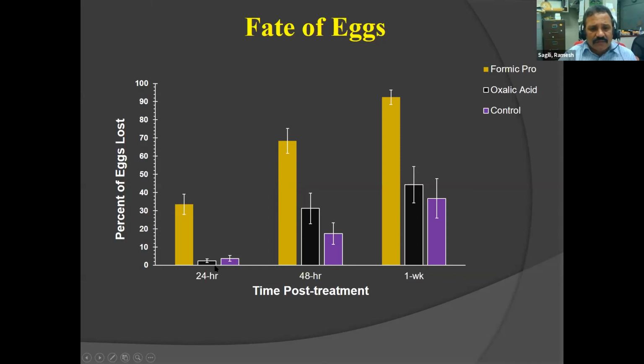There is no significant difference between controls and the oxalic acid. The dark bar is the oxalic acid. After 48 hours, there was no significant difference between the controls and oxalic. Same again after a week.